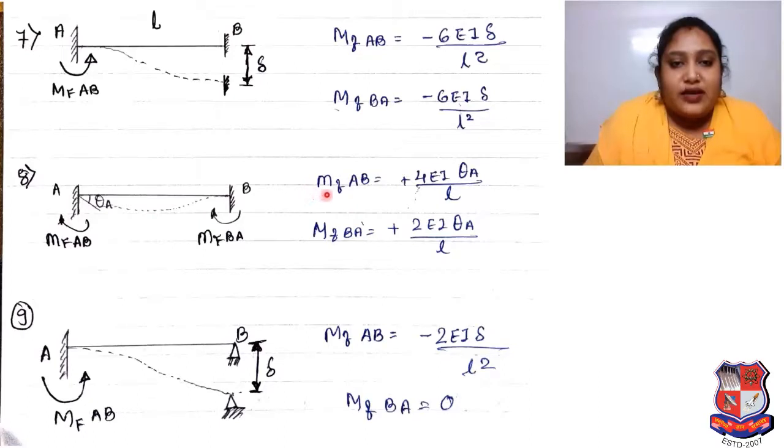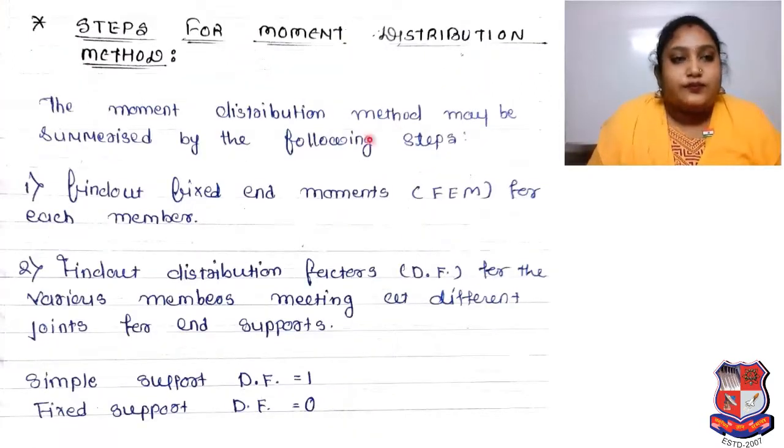So as per that, MFAB and MFBA both will be positive. You can see the direction, it is clockwise, so both will be positive. So 4 EI theta A upon L, and fixed end moment for BA 2 EI theta A upon L. Here it is anti-clockwise, so negative will be there, minus 2 EI delta upon L square, and the fixed end moment at BA will be 0.